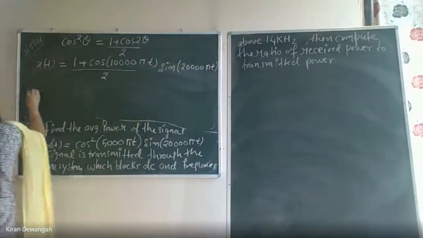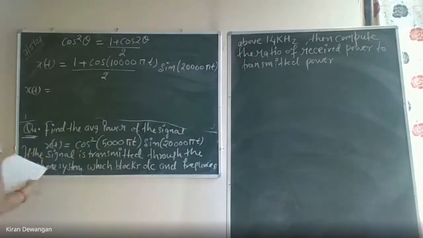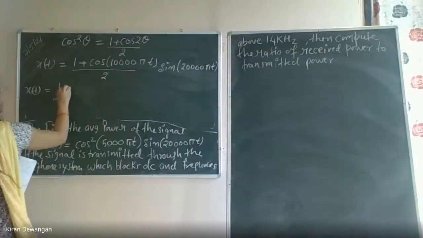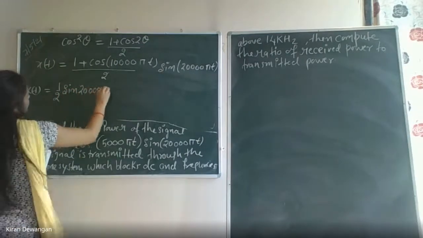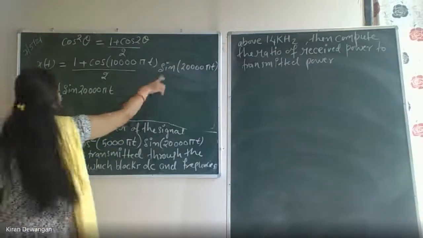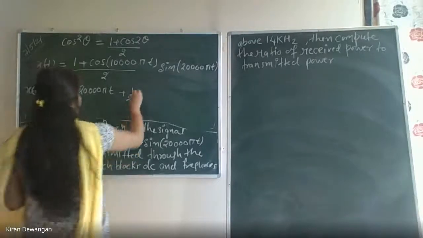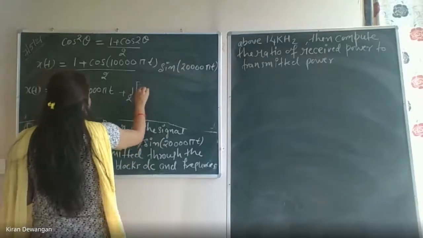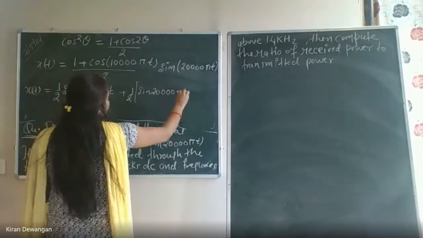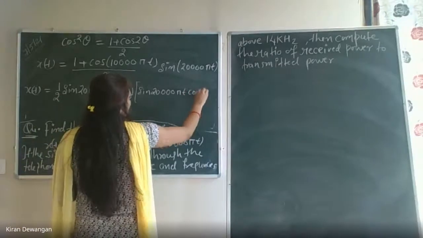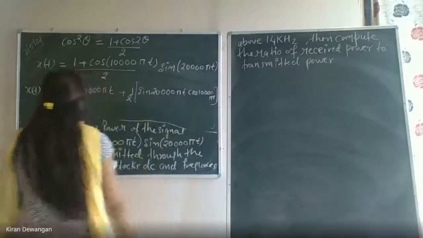Now we'll take it individually. Xt can be written as 1 by 2 sin 20,000 pi t, this part, plus 1 by 2, this is sin of 20,000 pi t into cos of 10,000 pi t. ठीक है?